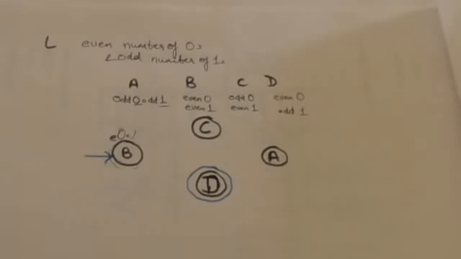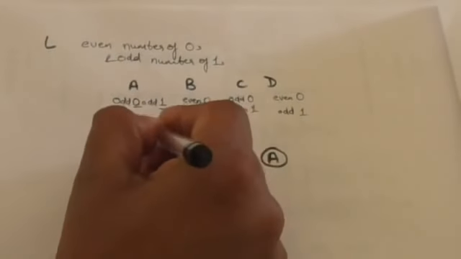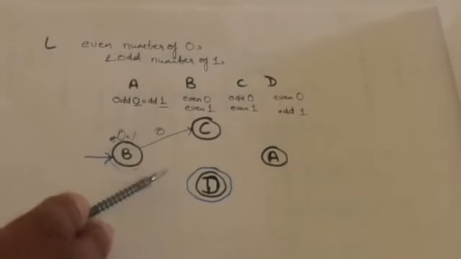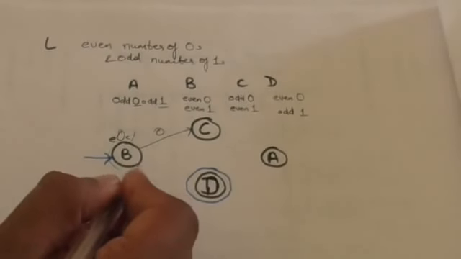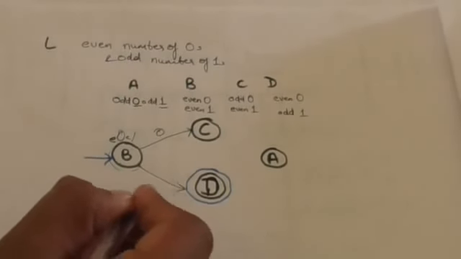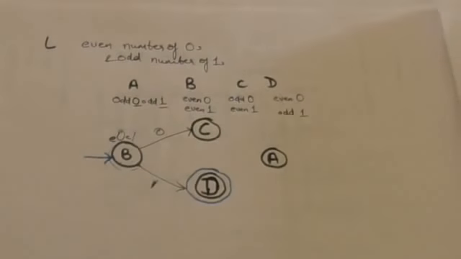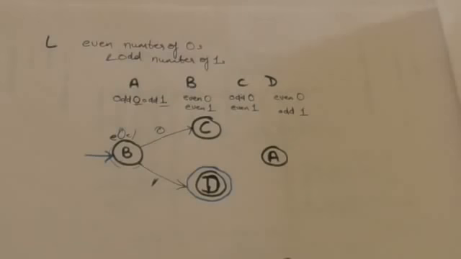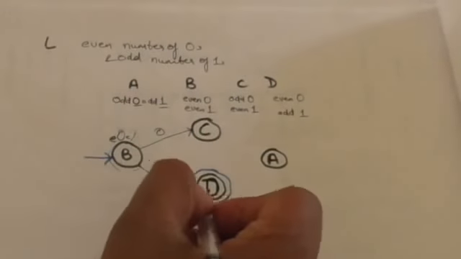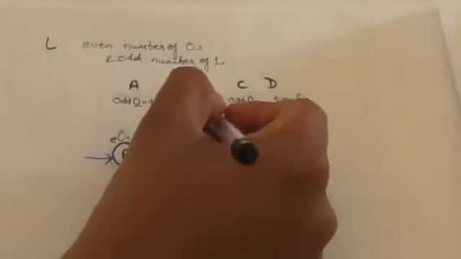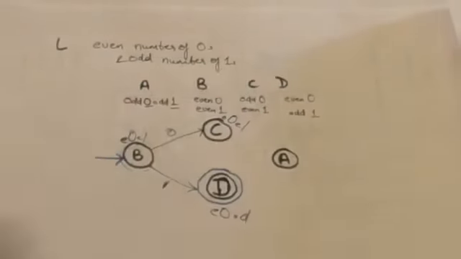Then it will go to state C, which corresponds to the class of strings which have an odd number of zeros and an even number of 1s. And when it reads 1, the number of ones becomes odd and the number of zeros remains even. So it should jump to state D, which corresponds to the class of strings which have an even number of zeros and an odd number of 1s.